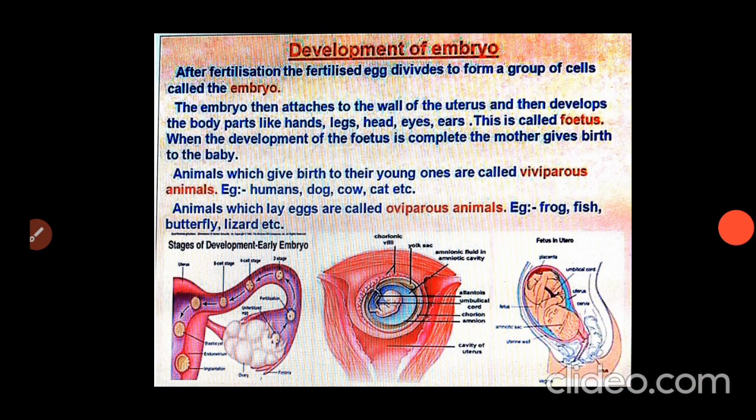Students, next coming to development of embryo. After fertilization, cell division takes place and the fertilized egg is converted into an embryo. After formation of the embryo, fetus, and finally the mother gives birth to the young one.